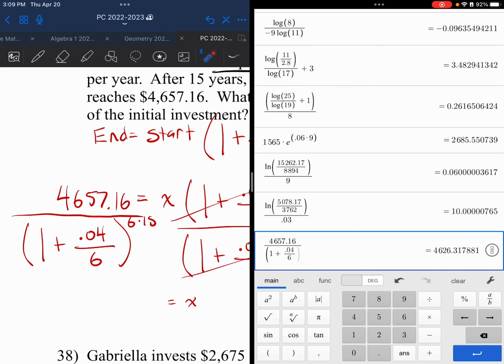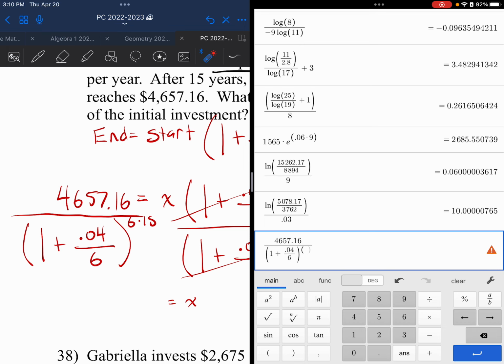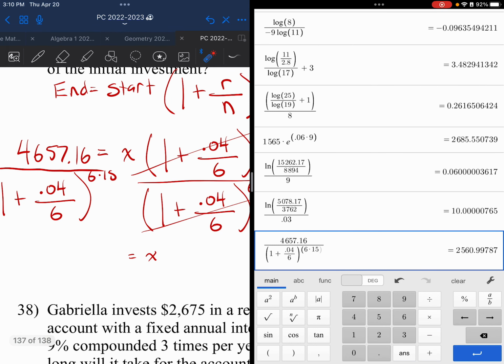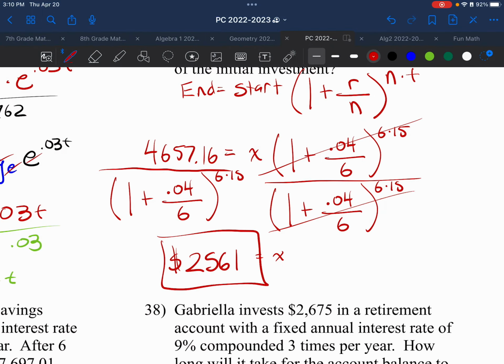Got to end the parentheses down here, and this can be to the power of, start the parentheses for our power, 6 times 15. And I get, rounding to the nearest cent here, $2,561. And I can make my boxes correct. There we go. And on to the next one.